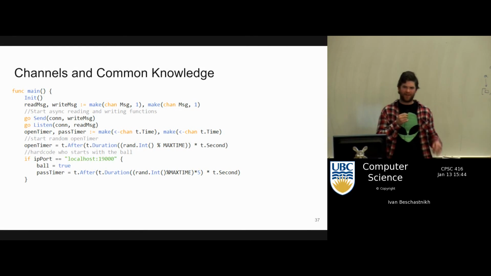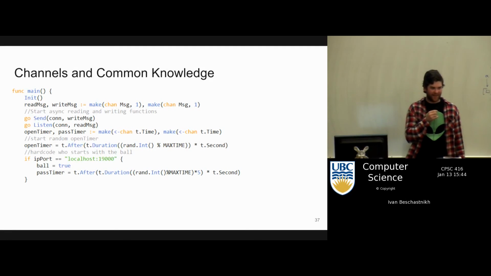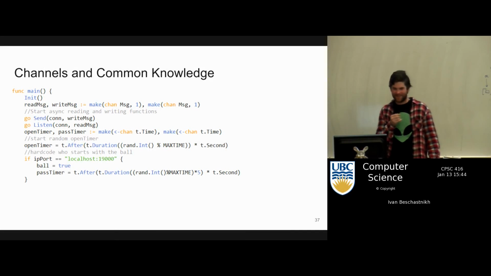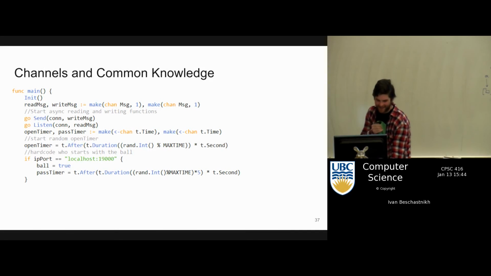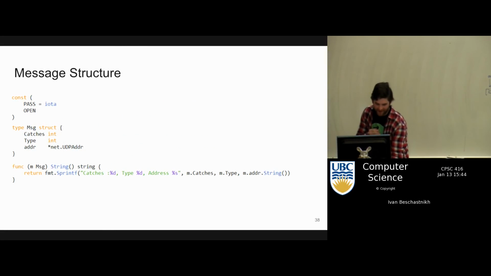And common knowledge is sort of this iterative thing where everyone could say, I know that localhost 19,000 started with the ball, but I also know that everyone else knew that it started with the ball. I know that everyone else knew that everyone else knew that someone started with the ball. Anyways, when you bootstrap stuff like this, it's important to know what sort of information you're dealing with.